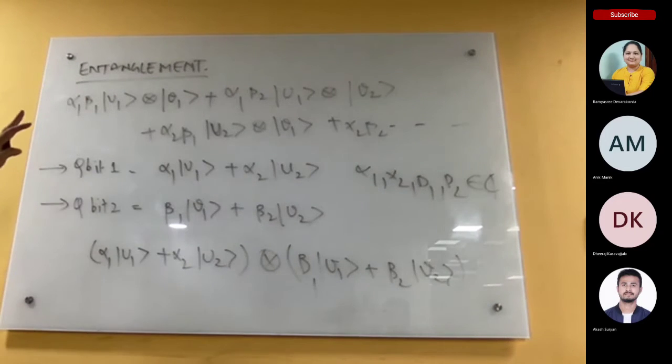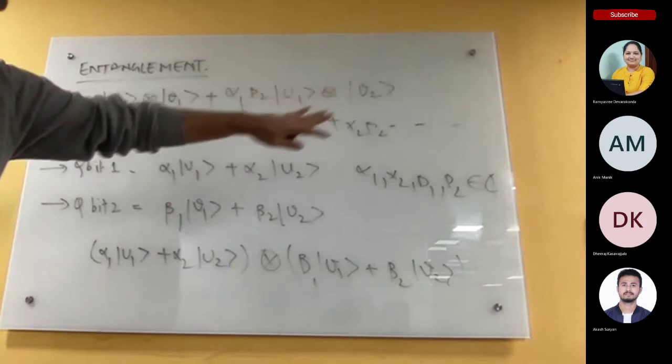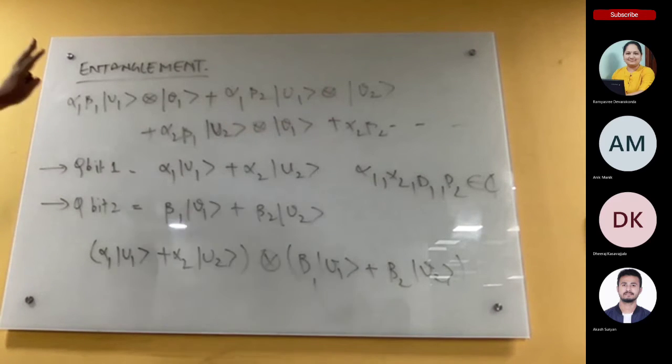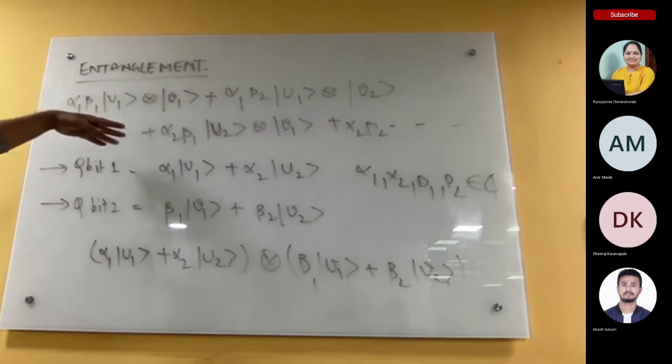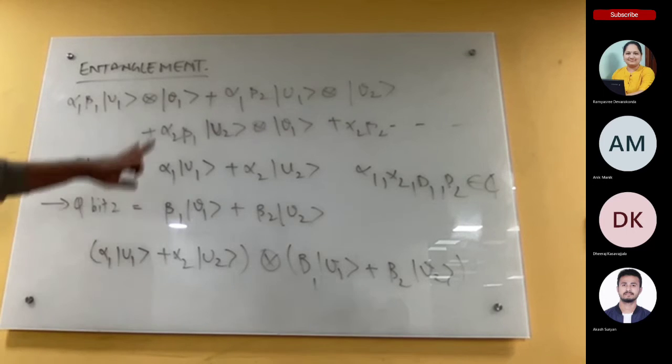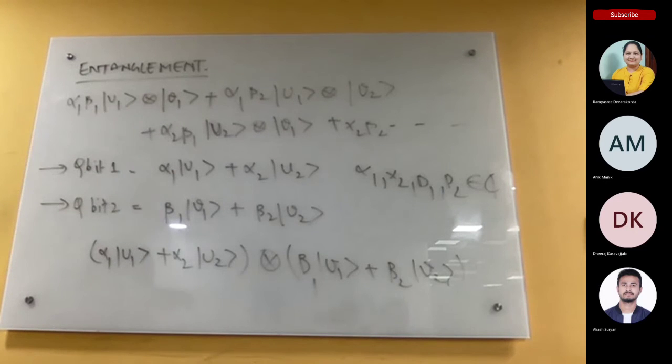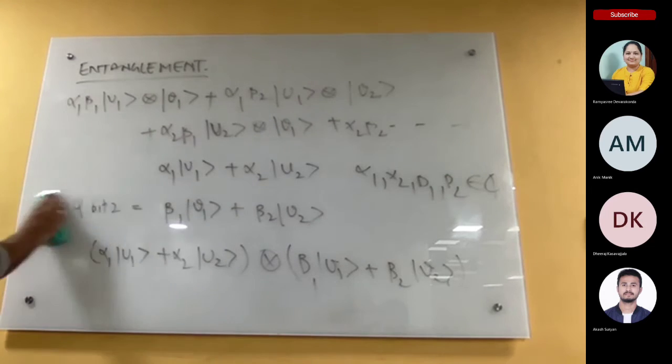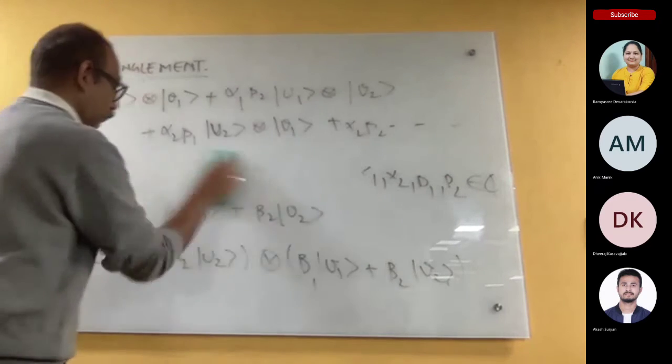So this is the most generic way of writing the state of 2 qubits. Similarly, you can write the state of n qubits if you want. You generalize it to n. Now, let's keep this in mind for 1 second and let us do something else, and then we will see what it means for 2 particles to be entangled.